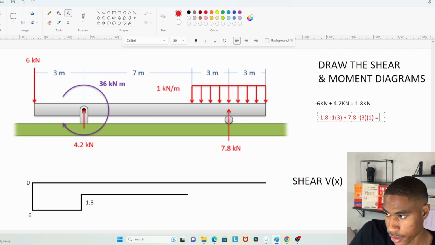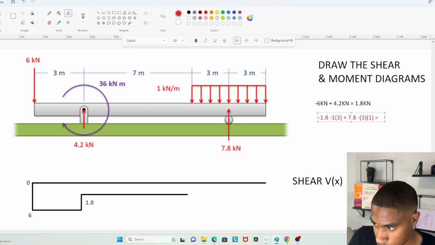If you put that in your calculator, what do you all get? You can pause the video, feel free. Okay, so I get 0, which is fine. But that's just telling me from my distributed load to the end, I get 0, which we should.